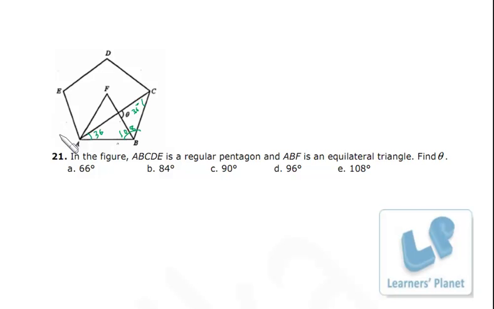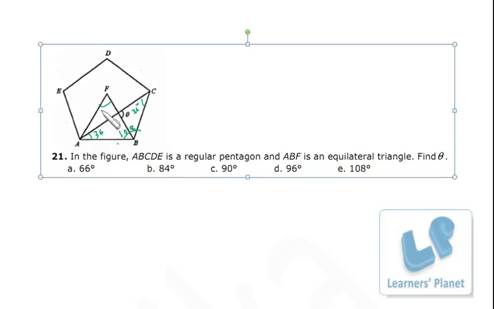Now in this triangle ABC, this is 60 degrees. Now since ABF is an equilateral triangle, it should also be 60 degrees. So if this portion is 36, this must be 24, right? Now in triangle APF, suppose this is point P, like this.